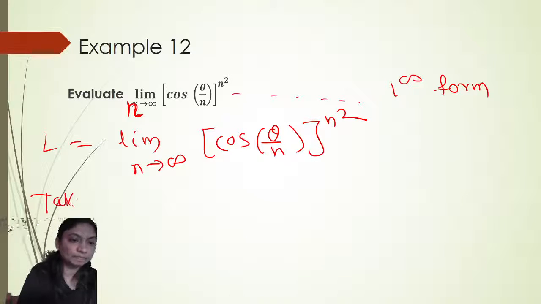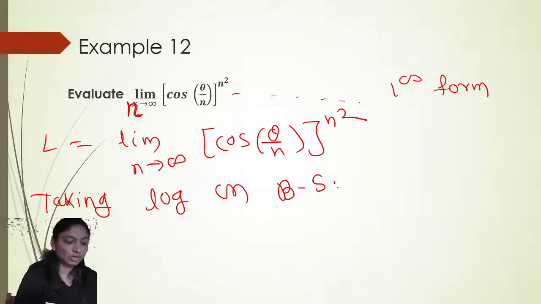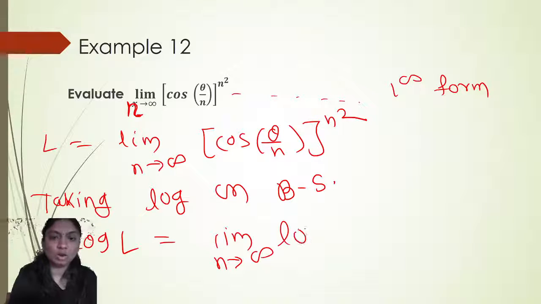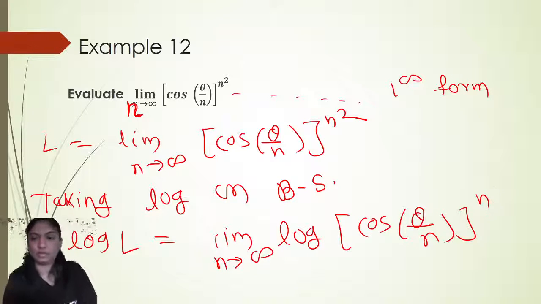So taking log on both sides, we will get log L is equal to limit as n tends to infinity, log of cos of theta by n bracket raised to n square, right?